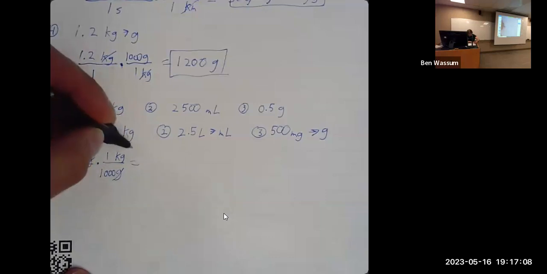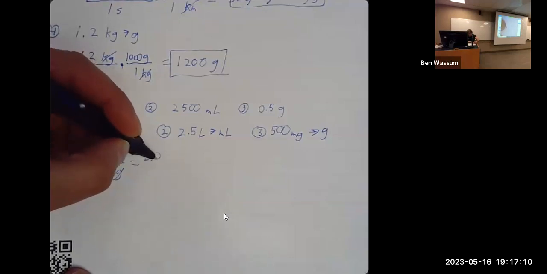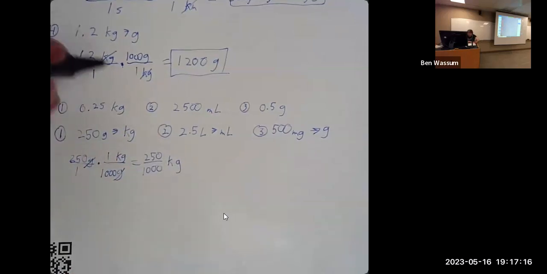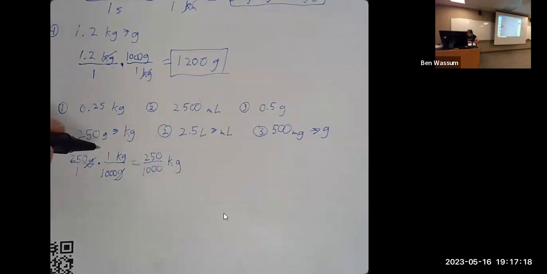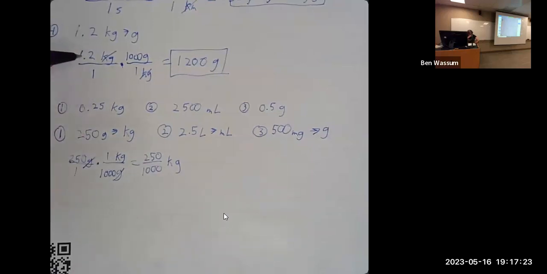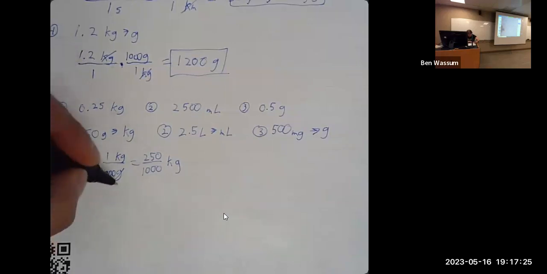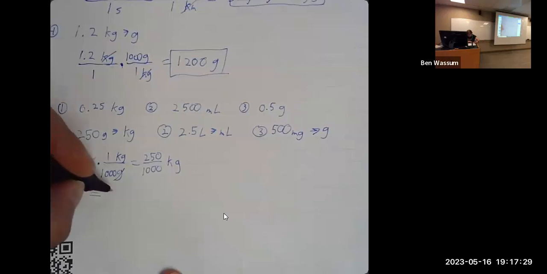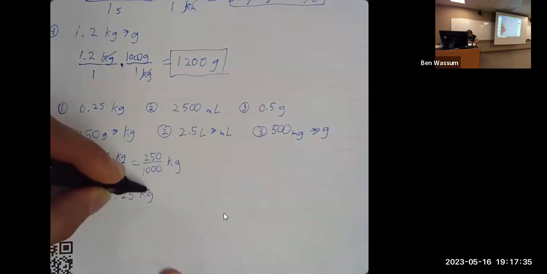You'd multiply across, we get 250 divided by 1,000 kilograms. And you can either reduce that to 1/4, or honestly, with unit conversions, I tend to recommend a decimal, unless explicitly stated that you want a fraction. But if you divide these, you end up with 0.25 kilograms.